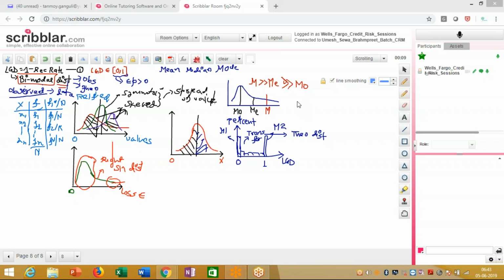Now, the most interesting part of this distribution analysis is that the loss distribution of a bank itself is skewed in nature. I'll just redraw a couple of the graphs that I constructed in the last class.